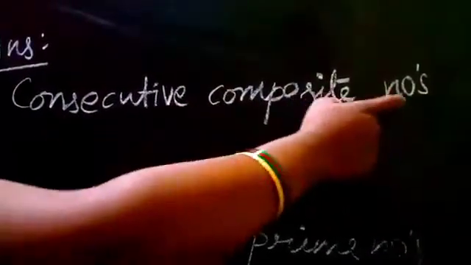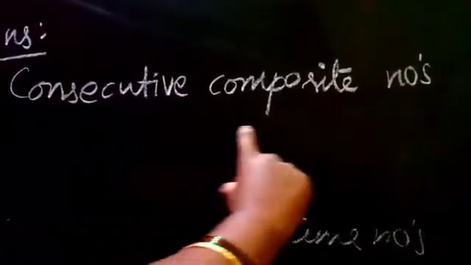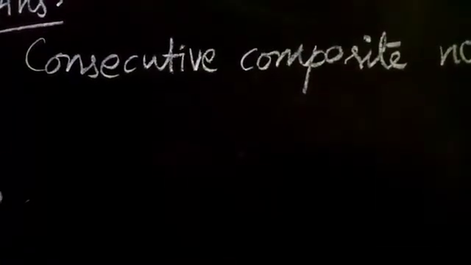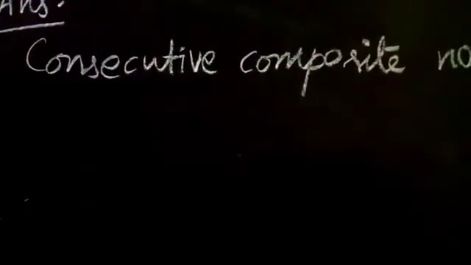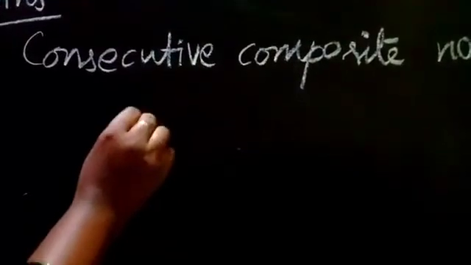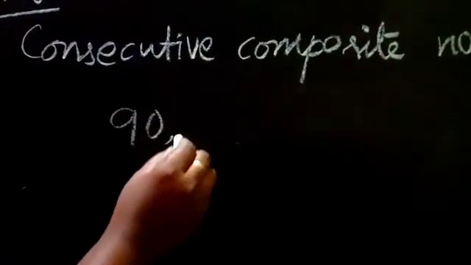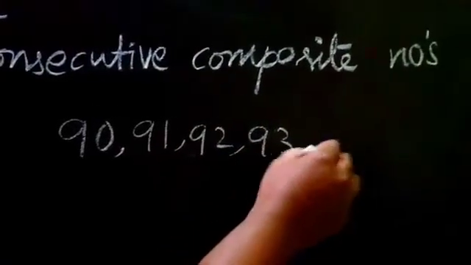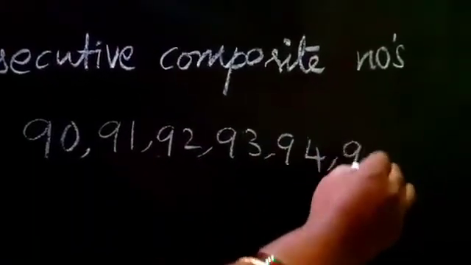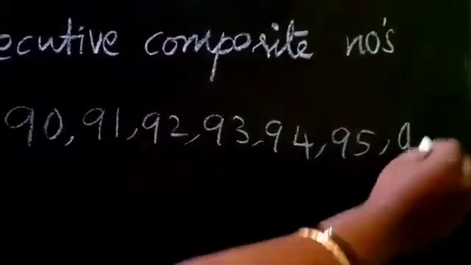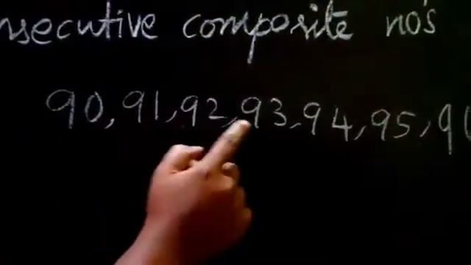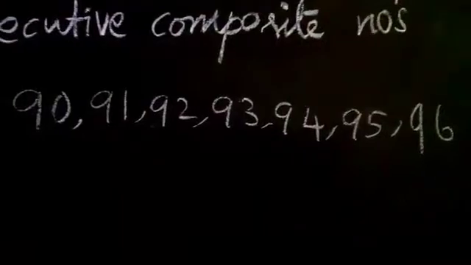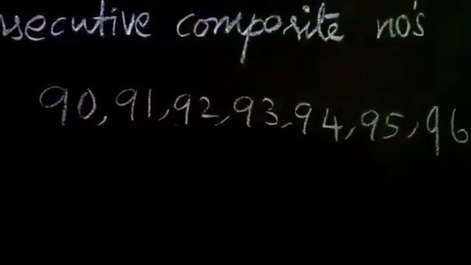Consecutive composite number means continuous composite numbers. In this question, they have given less than 100. We have to write 7 continuous composite numbers. So starting from 90, 91, 92, 93, 94, 95 and 96. 1, 2, 3, 4, 5, 6, 7 numbers, continuously consecutive composite numbers.